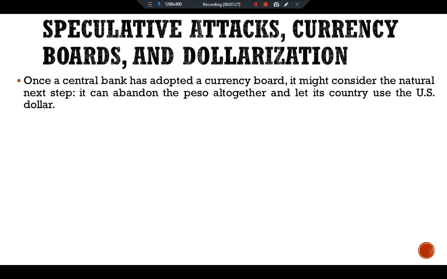Okay, once a central bank has adopted a currency board, it might consider the natural next step. It can abandon the peso altogether and let its country use the US dollar. Such a plan is called dollarization.